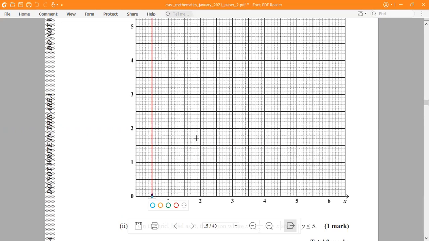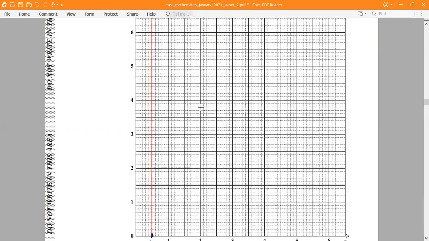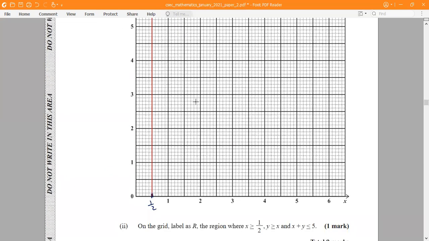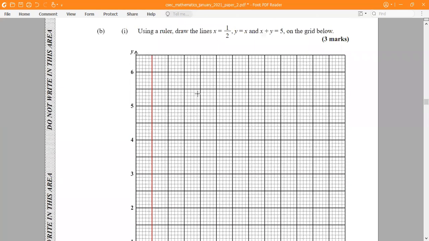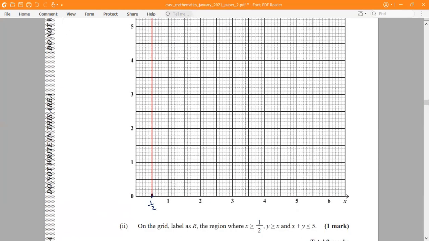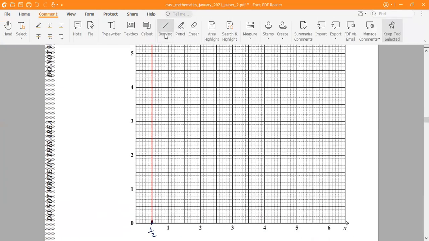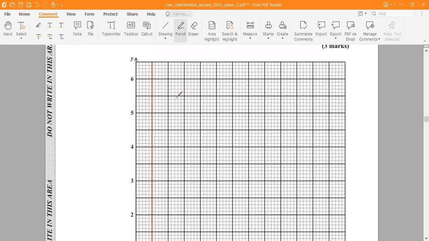So this would be x is equal to 1/2. This red line, x equal 1/2.